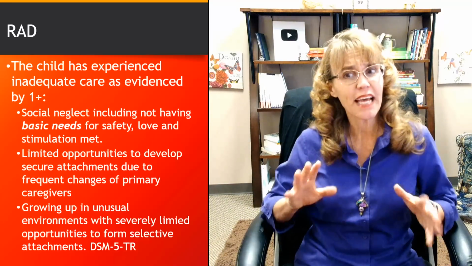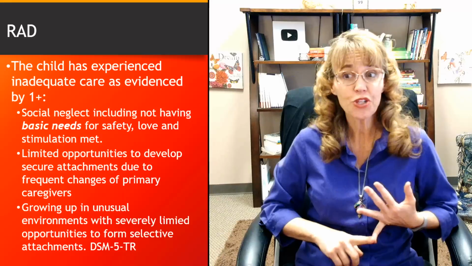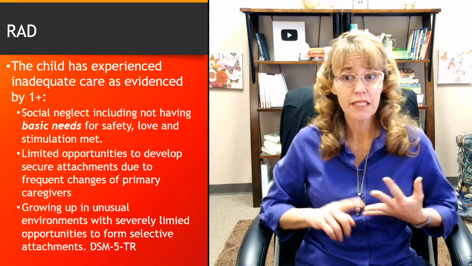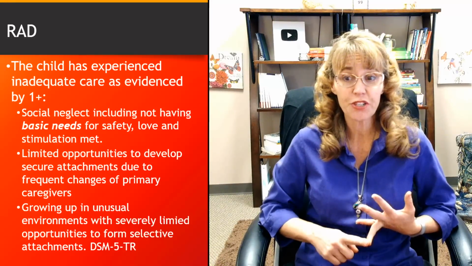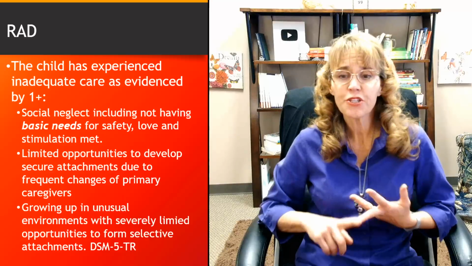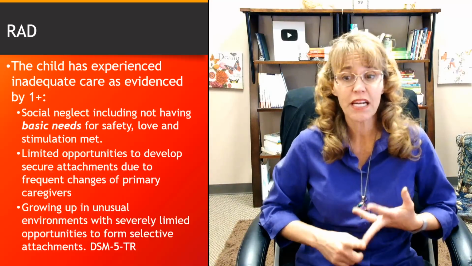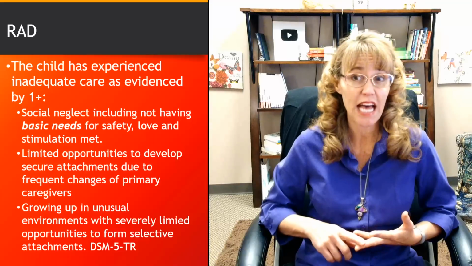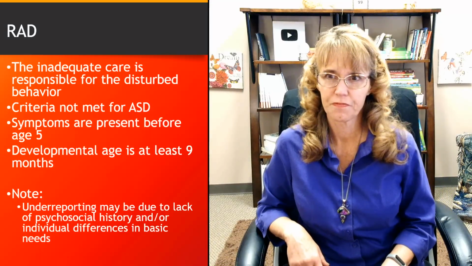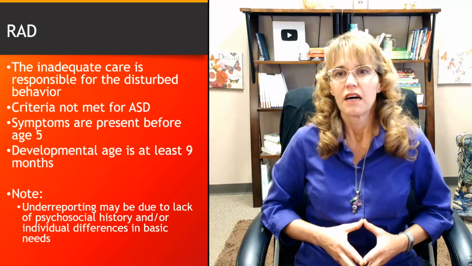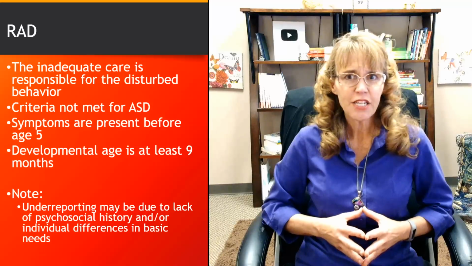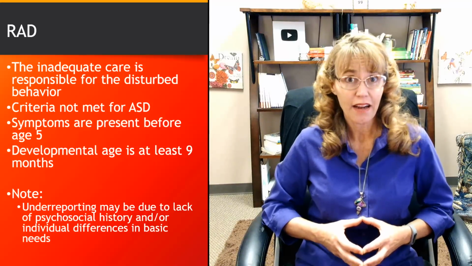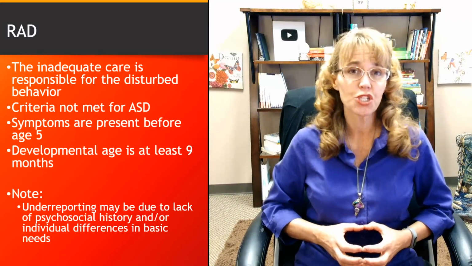So remember, they only have to have one of these: social neglect, limited opportunities to develop secure attachments, or unusual environments with limited opportunities to form selective attachments. The diagnosis goes on that inadequate care is responsible for the disturbed behavior.